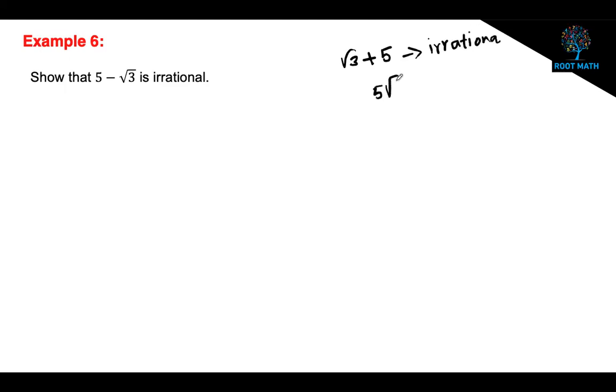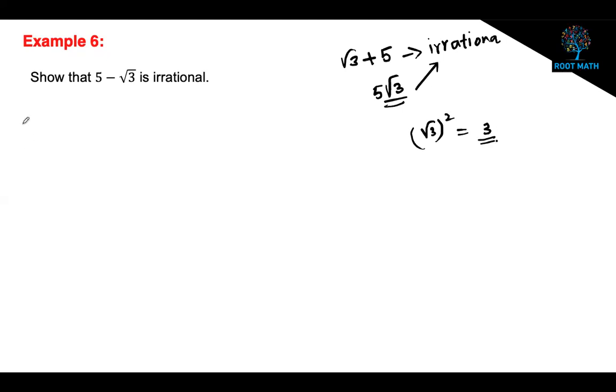If I multiply a rational number with an irrational number, again it will be irrational only. So whatever calculation you do with an irrational number, the final answer will be irrational. Only when you square an irrational number like this, it will become rational.